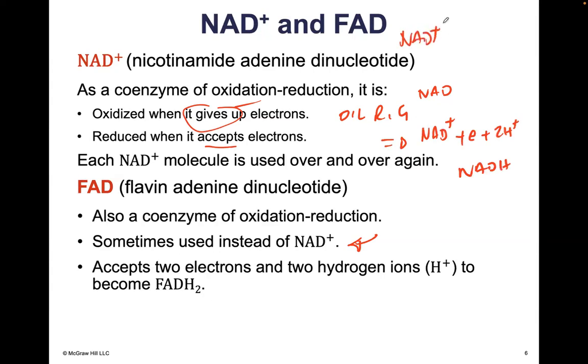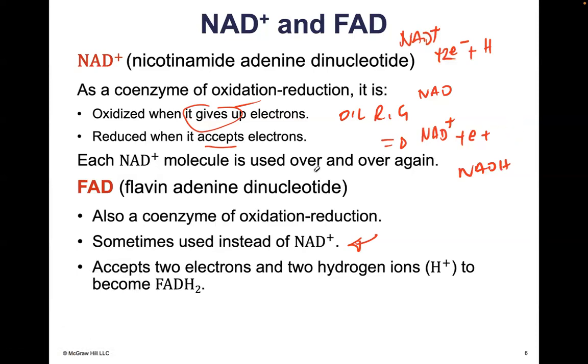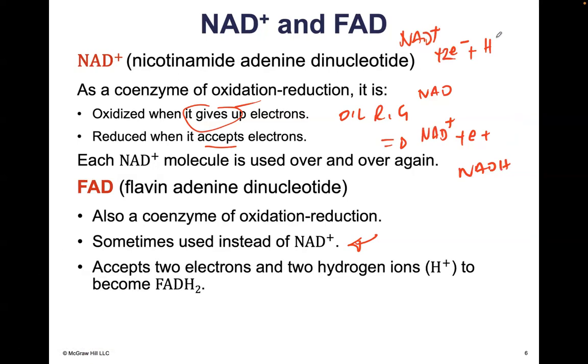NAD plus is being reduced by gaining 2 electrons and also gaining 1 hydrogen ion. So it gains 2 electrons and 1 hydrogen ion. This is what forms NADH.